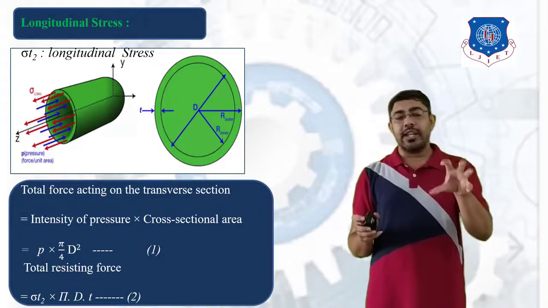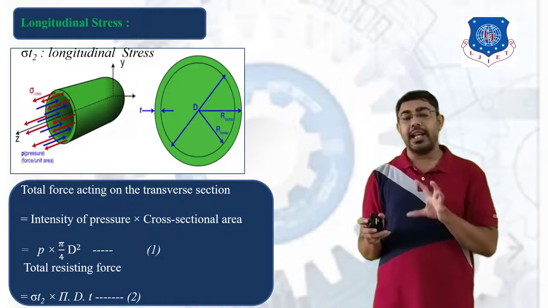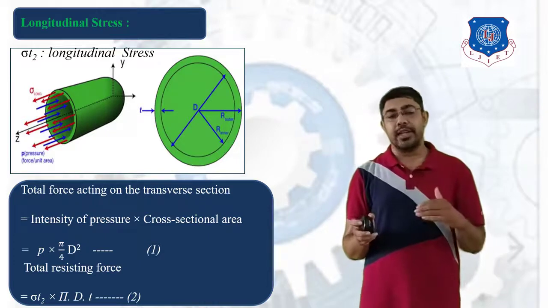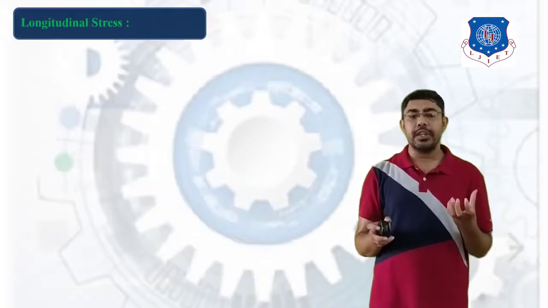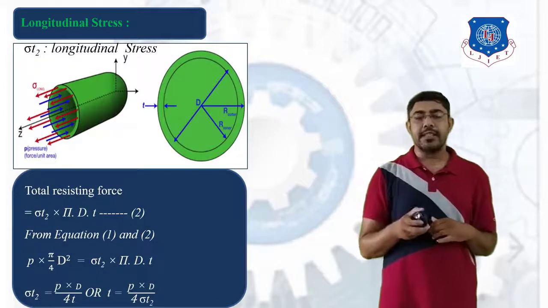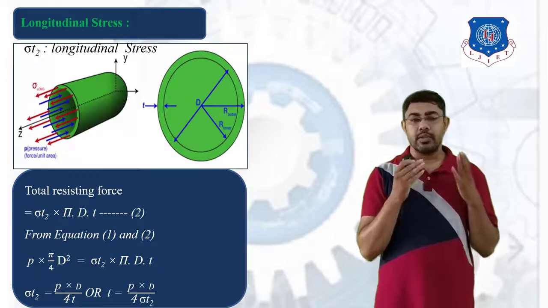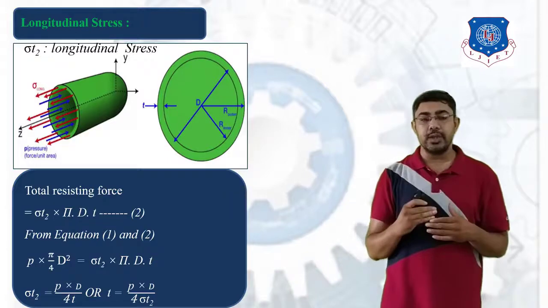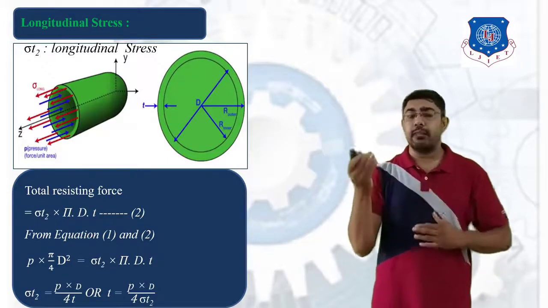Now equation number 1 and equation number 2 are equal and opposite forces. So to calculate the longitudinal stress, we have to equate equations 1 and 2. Equation 1, P into pi by 4 d square, the force acting on the transverse section, is equal to sigma T2 into pi into d into small t, the resisting force.